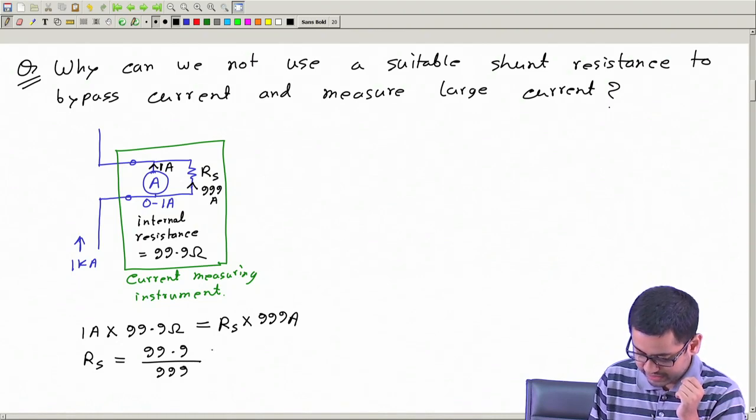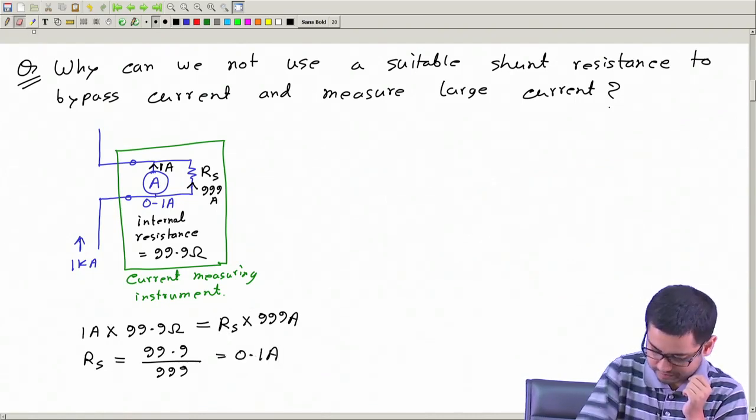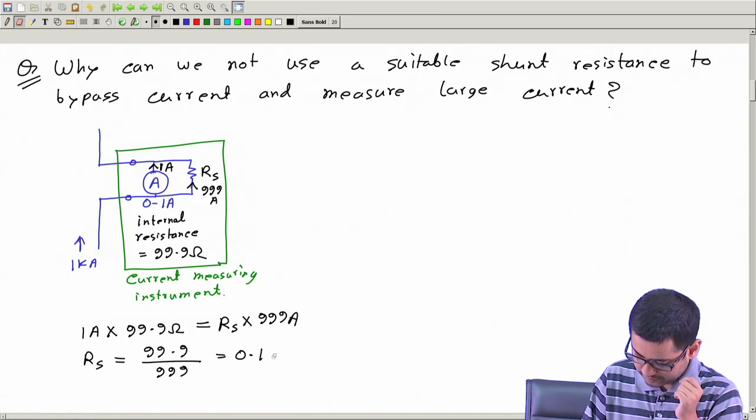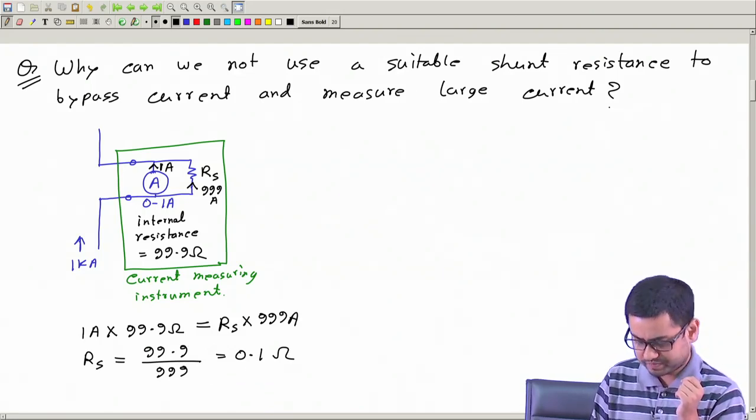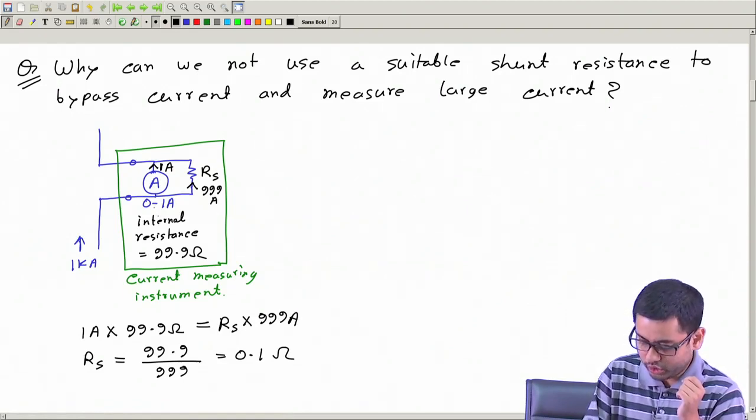So this is 0.1 ohm. Right? So Rs will be 0.1 ohm. And if we choose Rs to be so, then this will be my measuring instrument which will measure this current. Okay, fine.